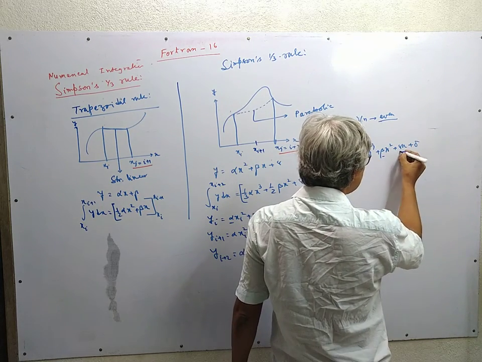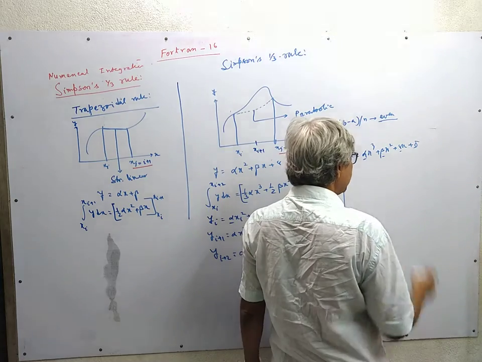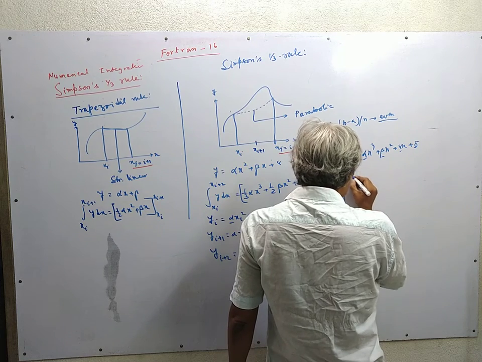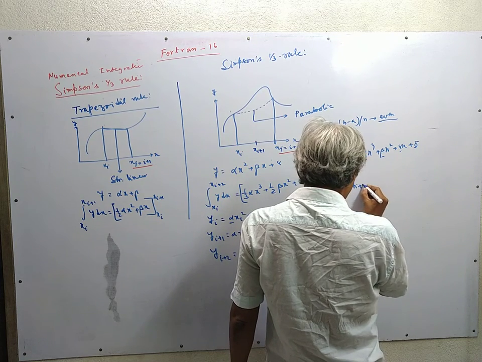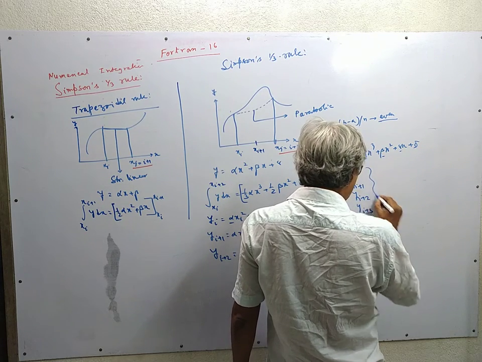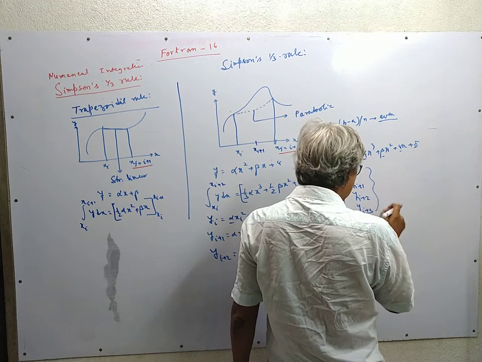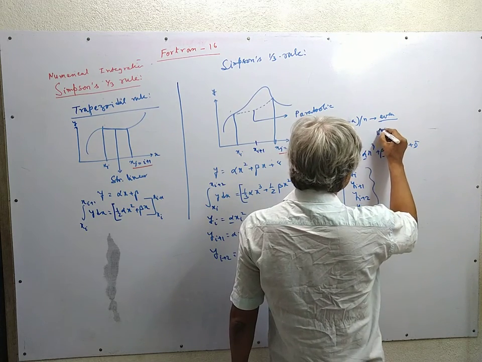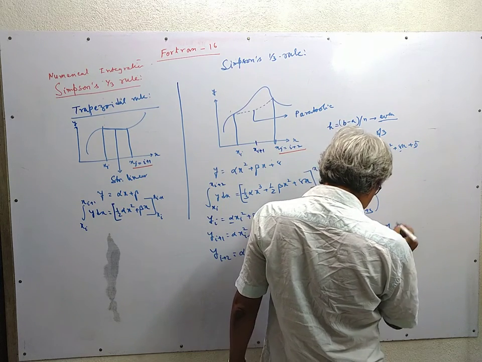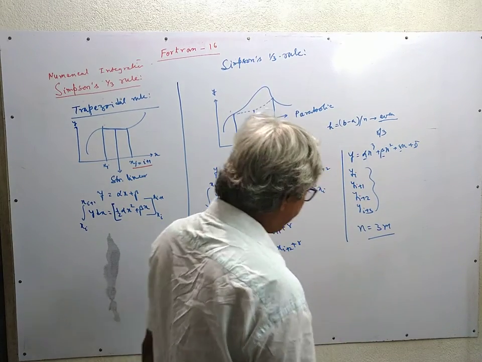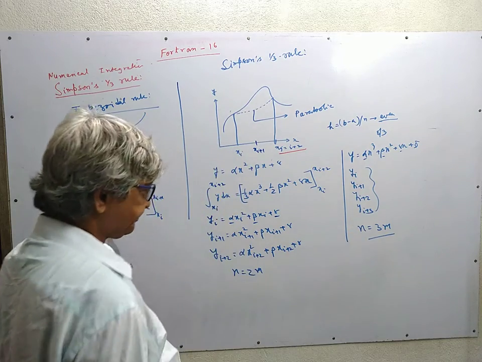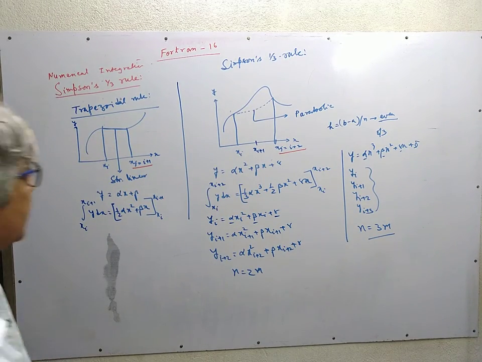Since four quantities are to be determined in this case, we use yi, yi plus 1, yi plus 2 and yi plus 3. Here a block comprises 3 intervals. So for Simpson 3/8 rule, n should be 3 times m, where m is an integer. Here, for Simpson 1/3, n is equal to 2m, even. So a restriction comes in this way.